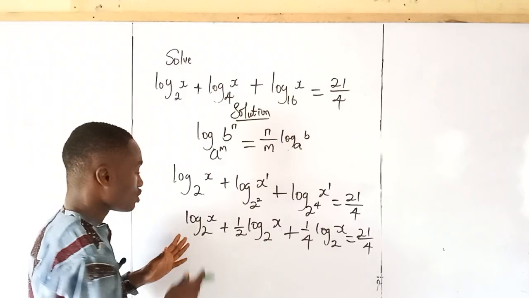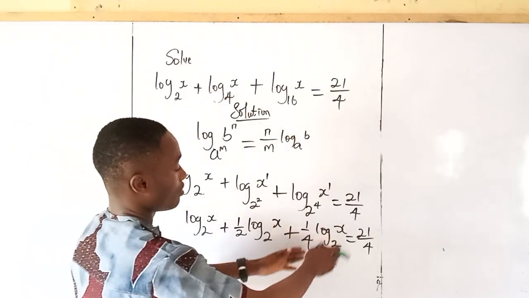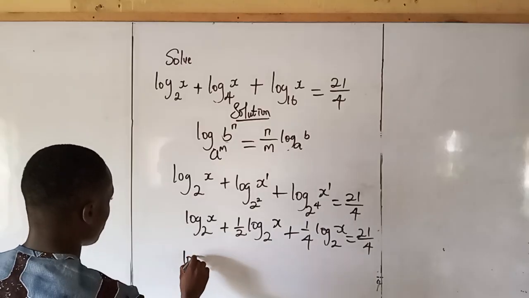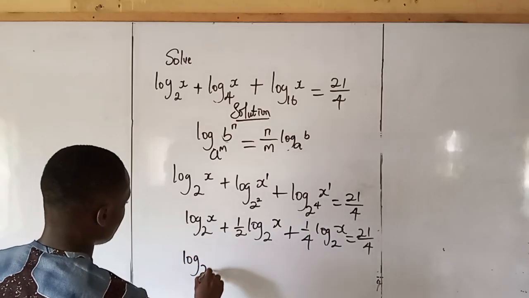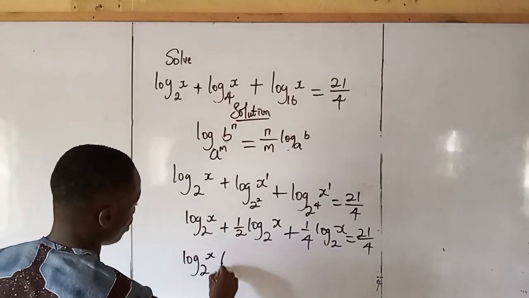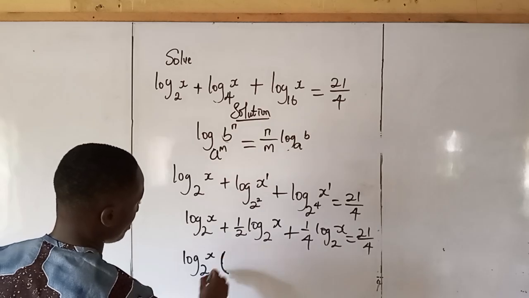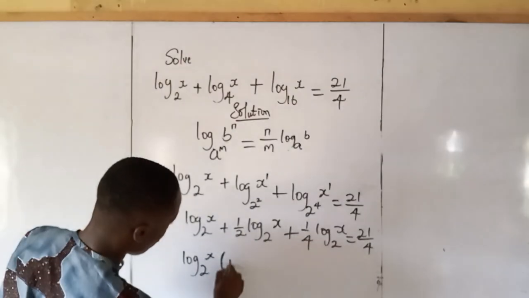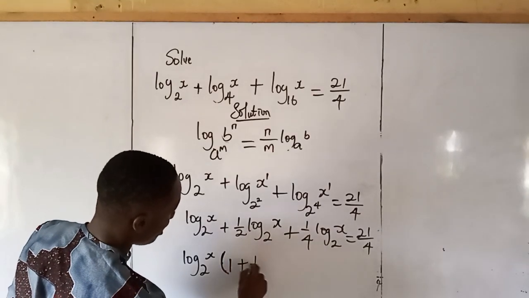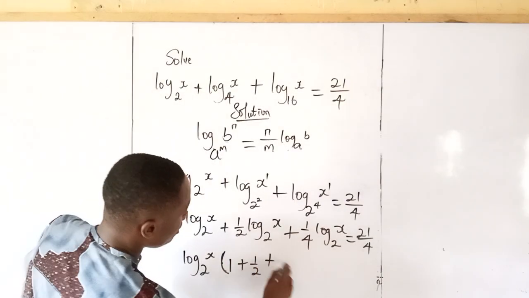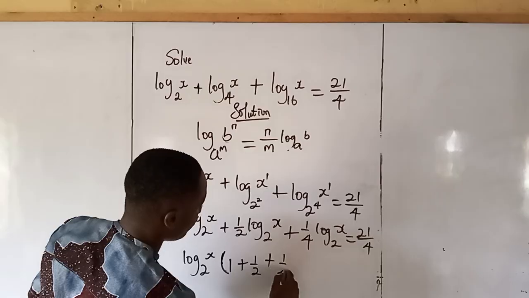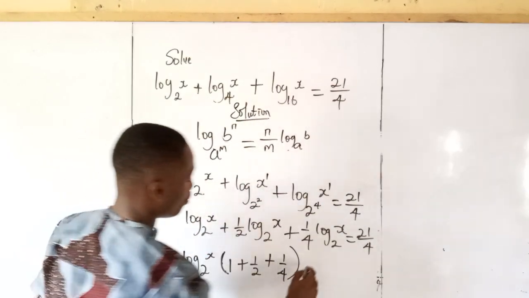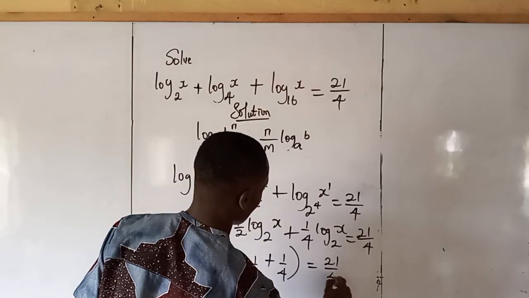You can see that something is common to each term here, so I can factorize. I'd have log 2x to base 2 times a bracket: factorizing here I have 1, here half, and here 1 over 4. Multiplying leads back to the same thing, equals 21 over 4.